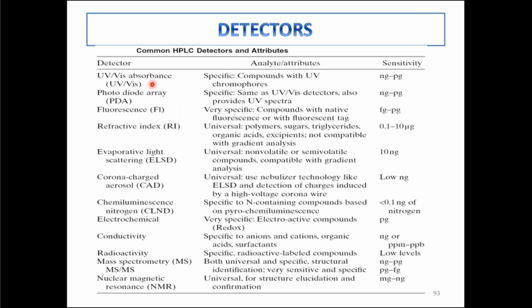Then it would be a UV visible detector. You can also have a photodiode array detector. This is same as UV visible detectors. It also provides UV spectra, but it is a number of these UV detectors all operating at different wavelengths at the same time. So these are all quite sensitive.